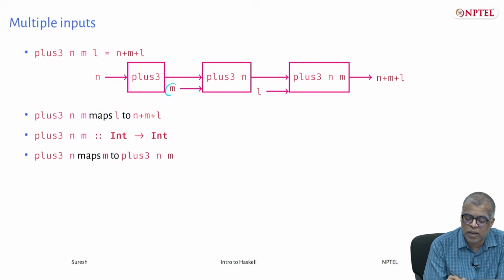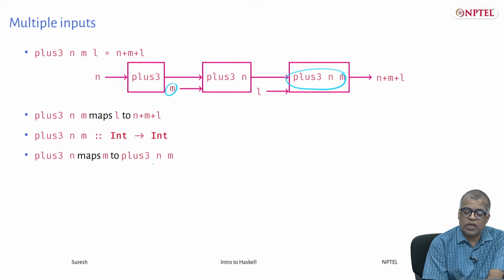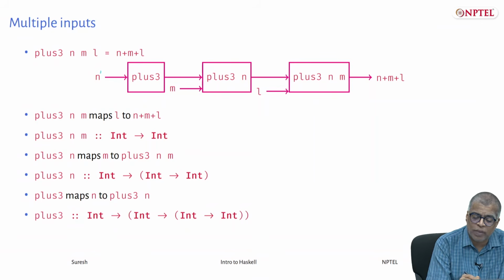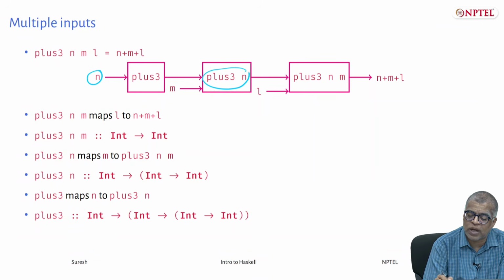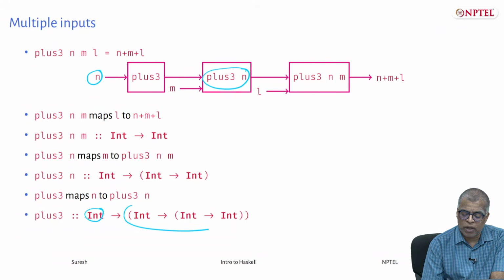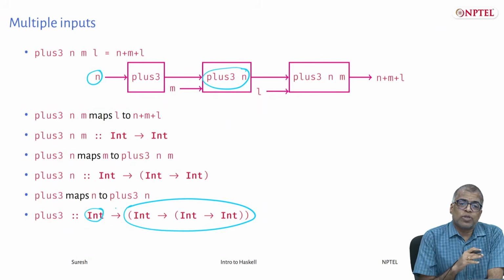Plus 3 n takes m as input and produces plus 3 n m as output. So, plus 3 n m is of type int arrow int. So, plus 3 n itself has type int arrow int. Finally, plus 3 will take n and produce plus 3 n. Plus 3 n has type int arrow int. So, plus 3 itself has type int arrow int. Okay. So, this is about the types.